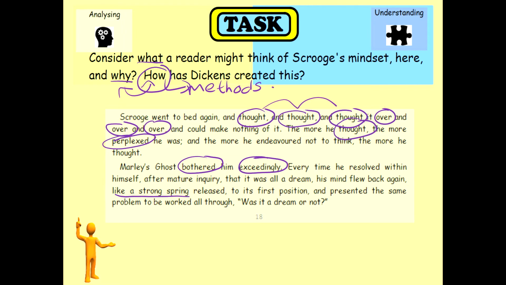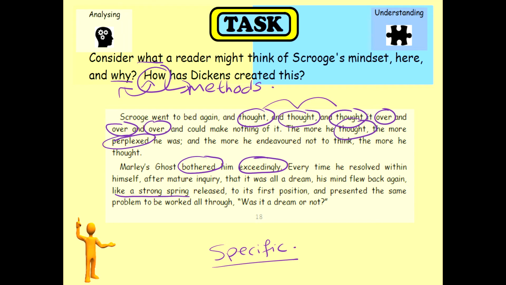So you can go ahead and pause and make some notes and then answer this question. No more than one paragraph for this, please, guys. One paragraph, you need to be succinct, you need to be specific. I don't need lots of waffle for this. He feels like this. This is what we think of his mindset. This is why we think of it, because Dickens has done this.